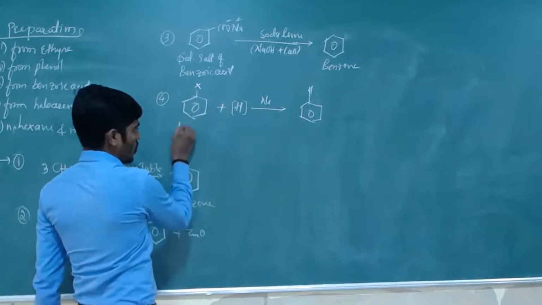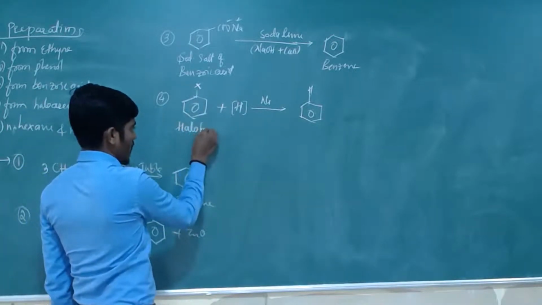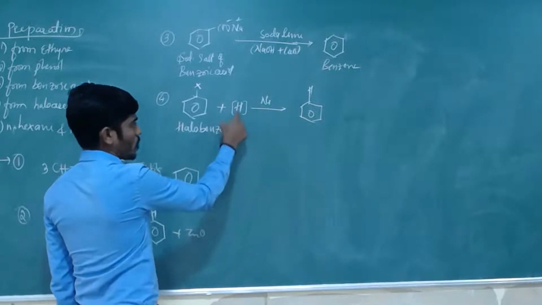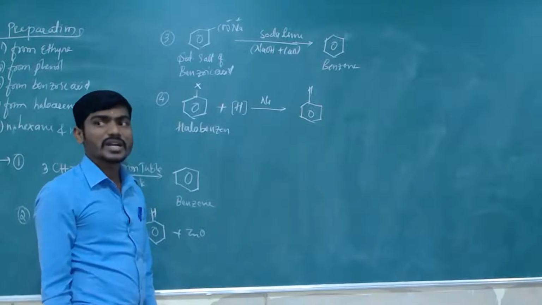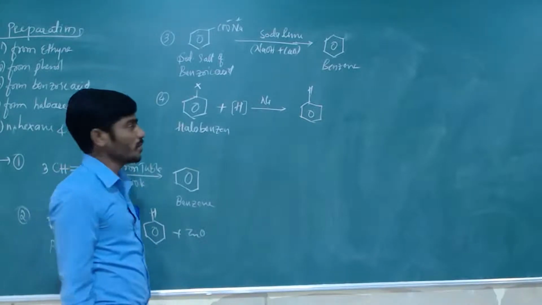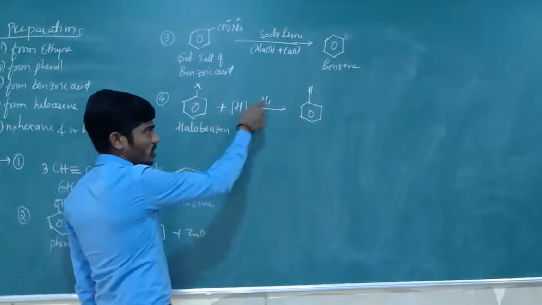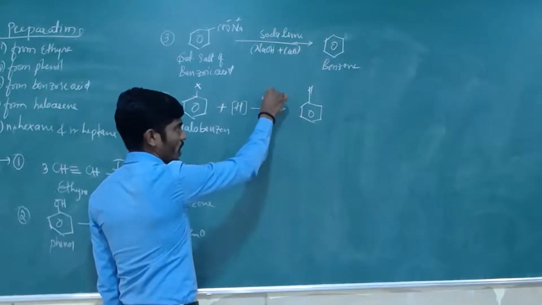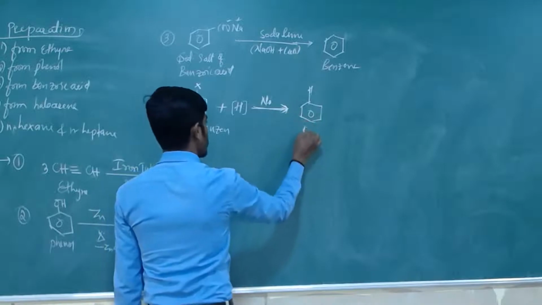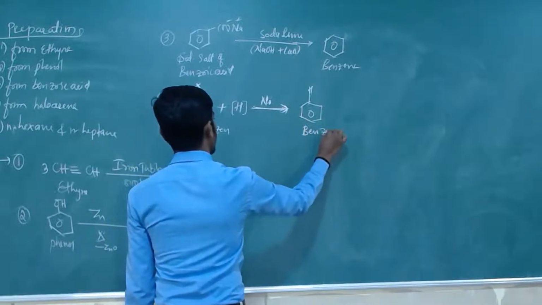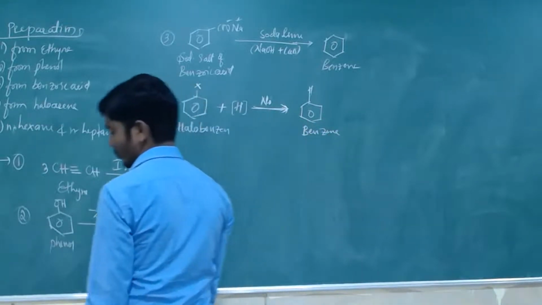Halobenzene plus hydrogen means reduction. So halobenzene undergoing reduction in the presence of nickel gives rise to the product benzene.